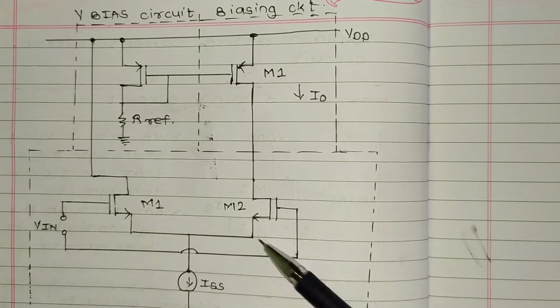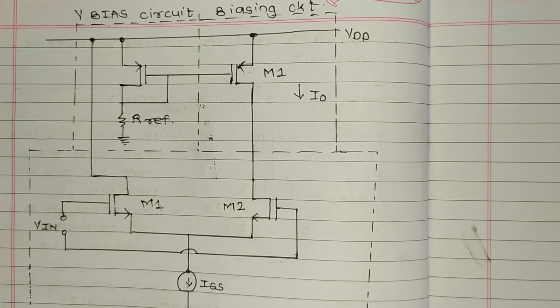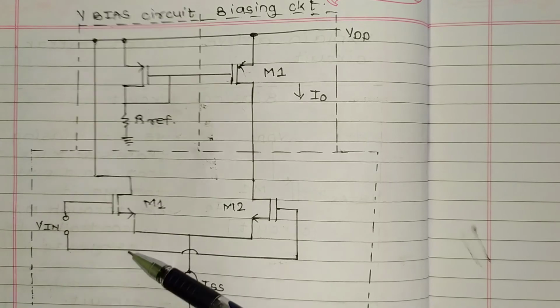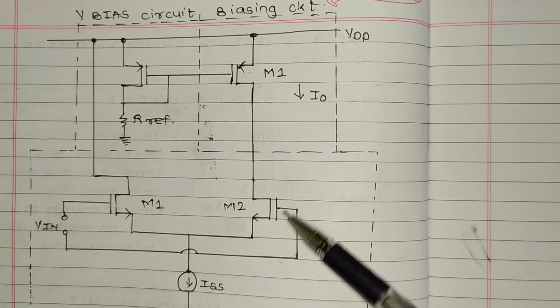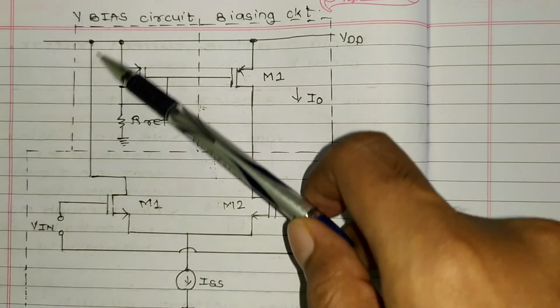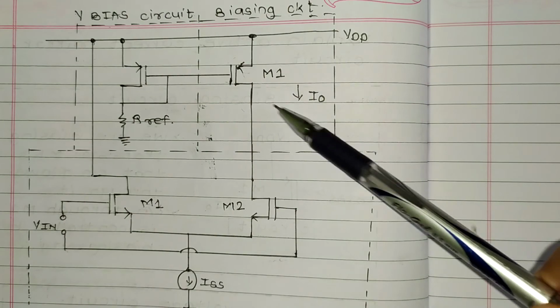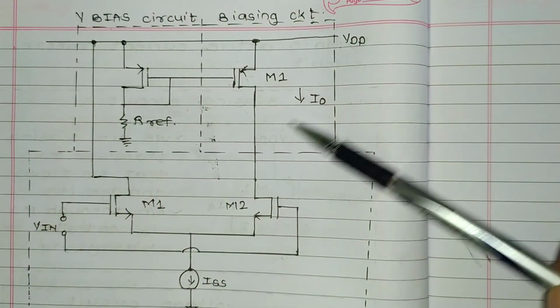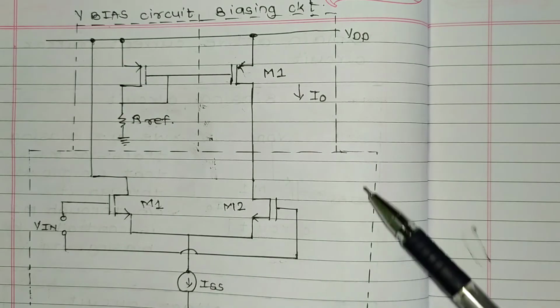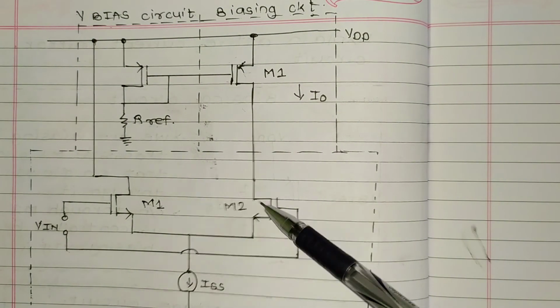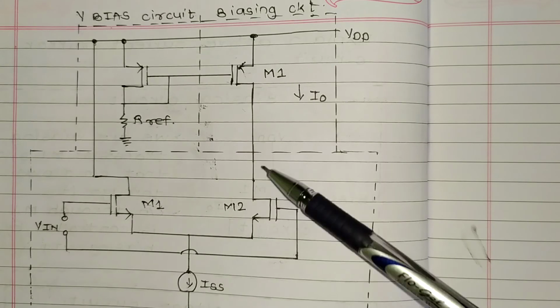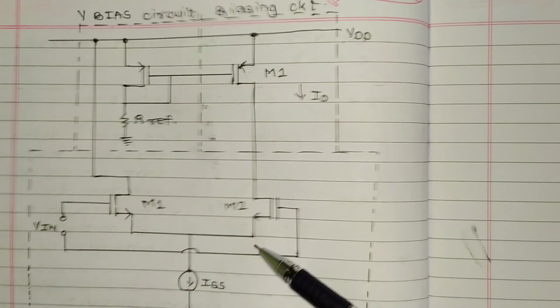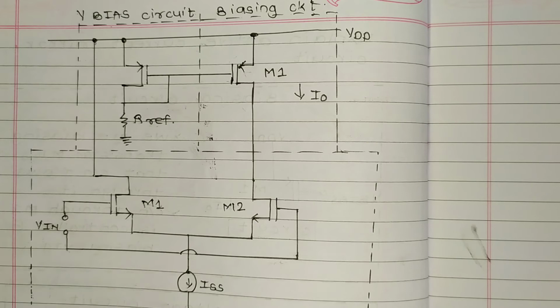As we were discussing the differential amplifier circuit, this block is the differential amplifier circuit. Its terminal is connected to VDD, and the output of the active current mirror circuit is connected to the drain of M2, that is the second N channel MOSFET of this differential amplifier.